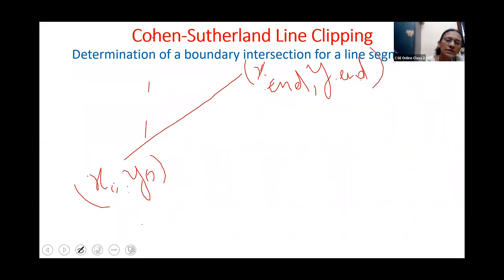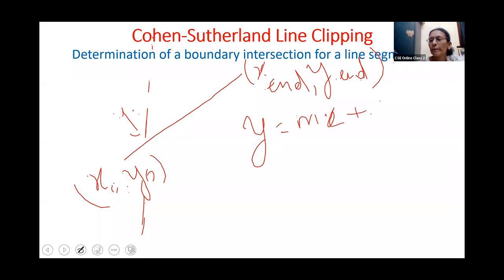You have this as the left boundary. In general, I will take the equation of this line as y equal to mx plus c. How do I find the point of intersection between this line y equal to mx plus c and this line whose endpoints are given by x naught, y naught, x end, y end?